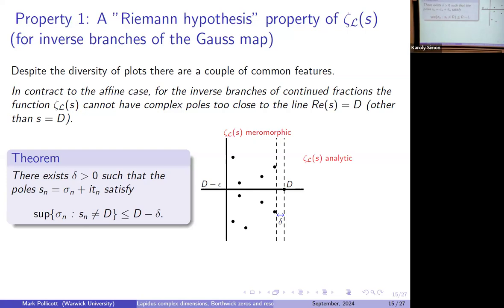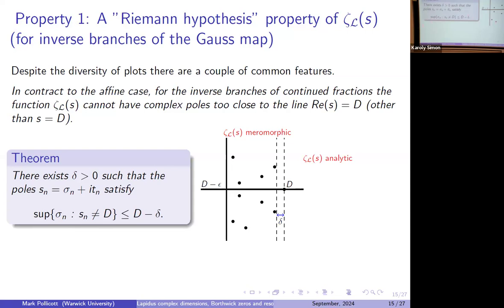But aside from this pole, which will always exist on the real axis, there's a gap. So however far you go up in the imaginary direction, within delta of this value, you will not find any more poles. So this was a phenomenon which is different to what happened in the case of the affine maps.